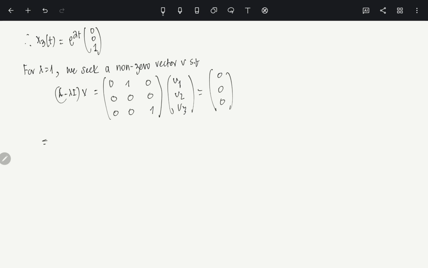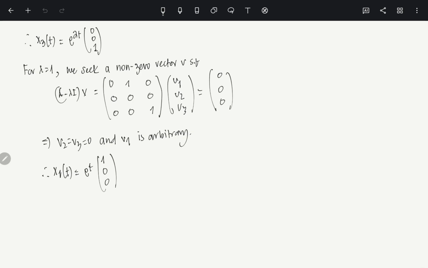This will imply v2 equals v3 equals 0 and v1 is arbitrary. It's trivial, right? So what is the first solution we are getting? x1 of t is e to the power t times (1, 0, 0). This is one solution. So x1 is one solution, and x3 is another solution.